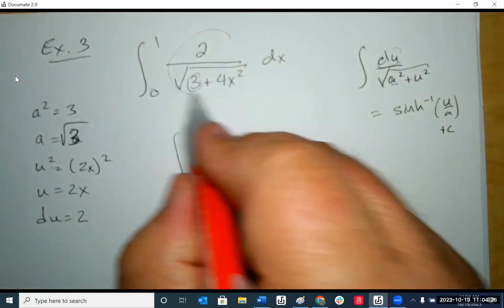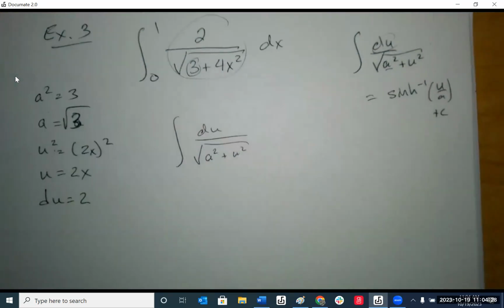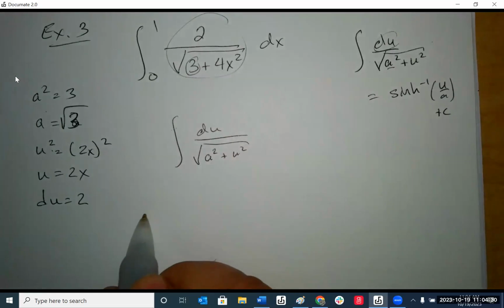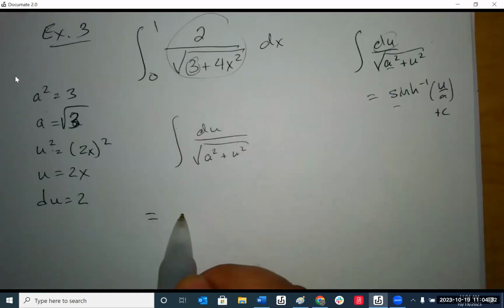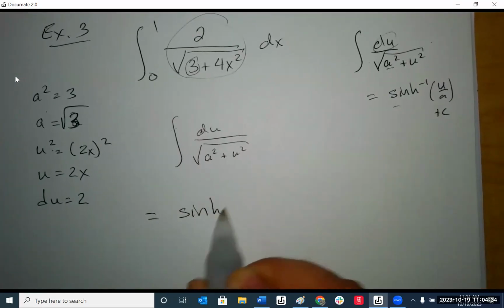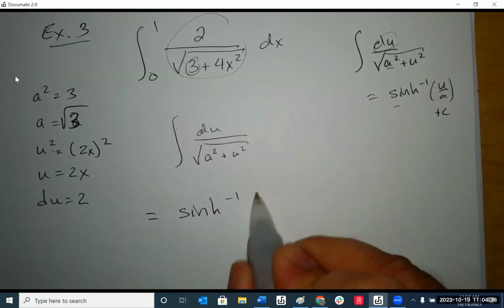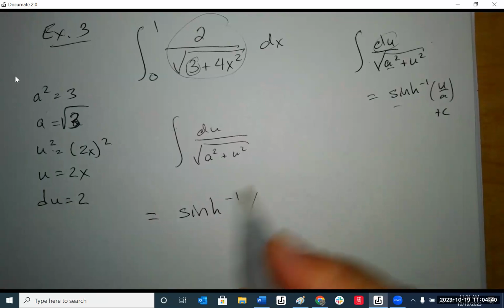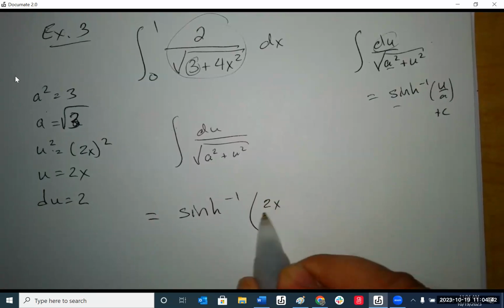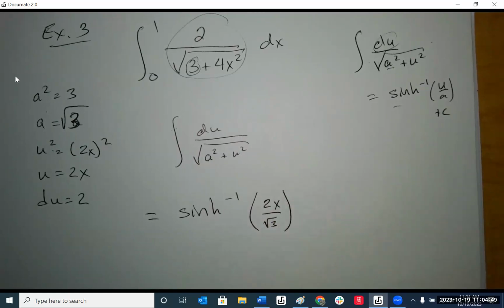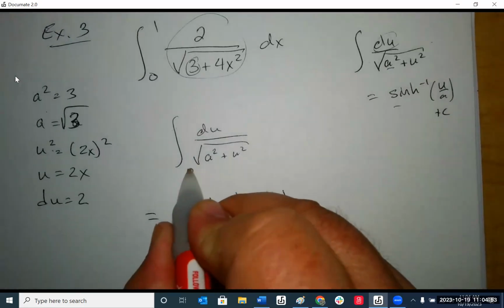So that means this integral can become inverse hyperbolic sine of u, which is 2x, over a, which is radical 3, from 0 to 1.